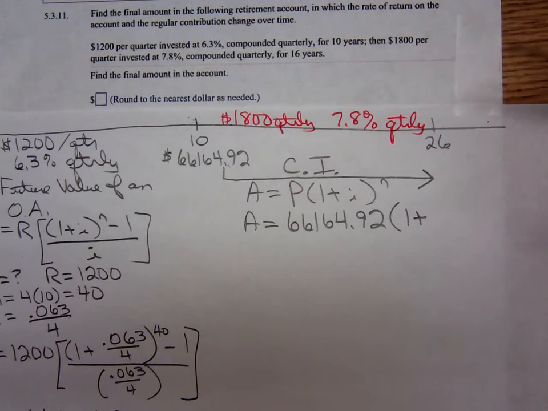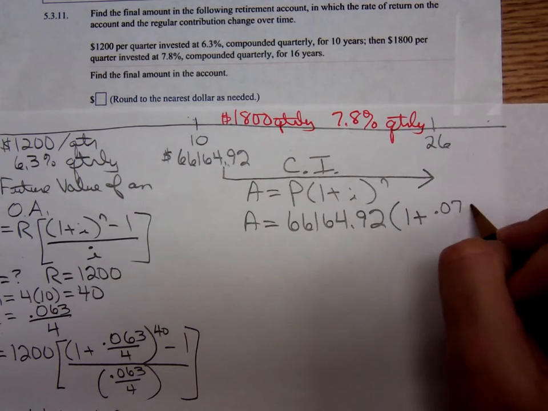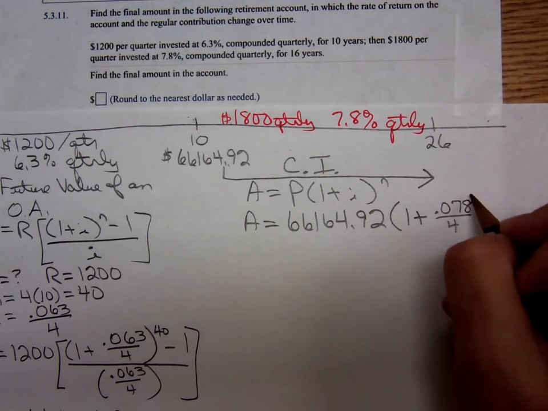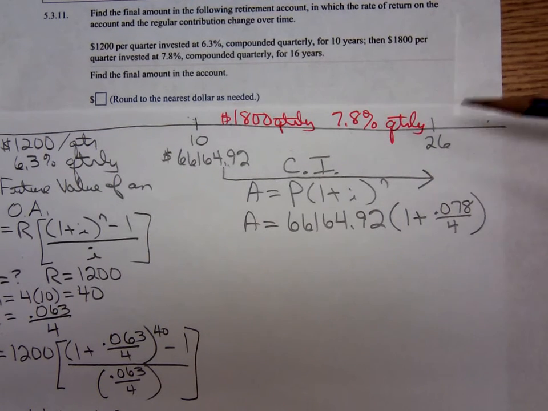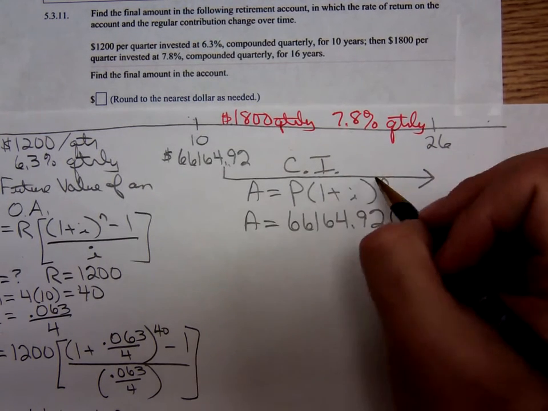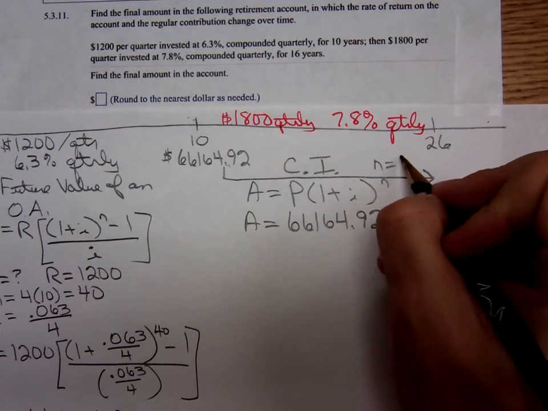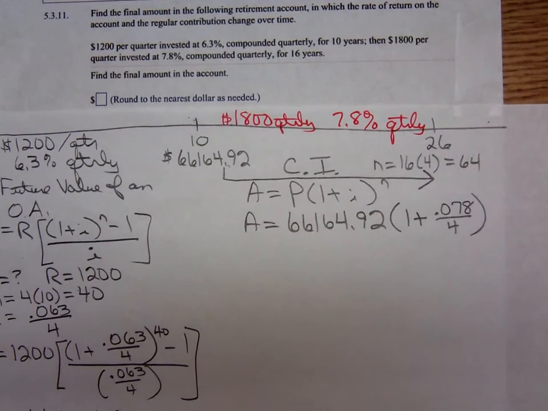The I value, you take the annual rate, that 0.078, divide that by 4 because it's quarterly. Now, how many quarters are there over this 16-year period? 16 years, 4 quarters per year, so that's a total of 64 quarters.